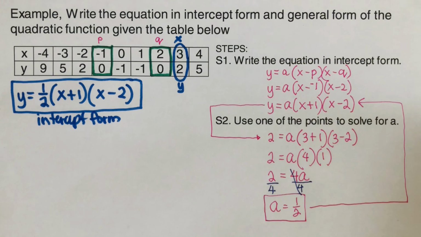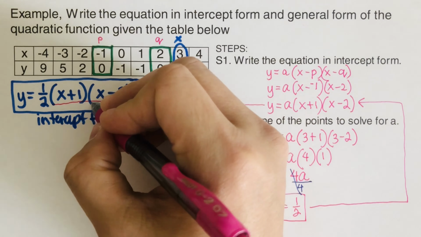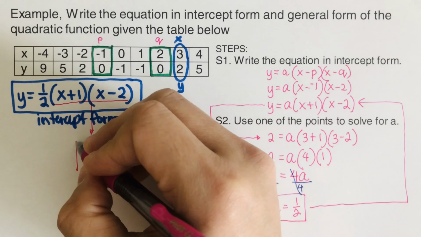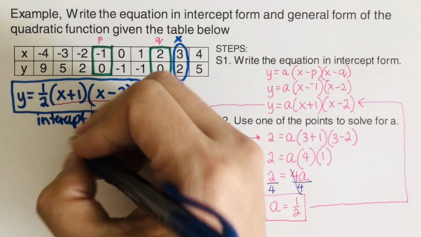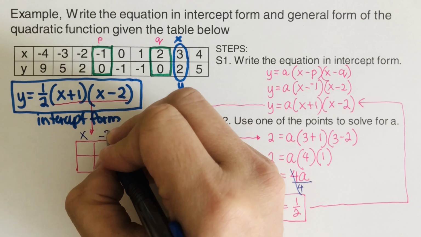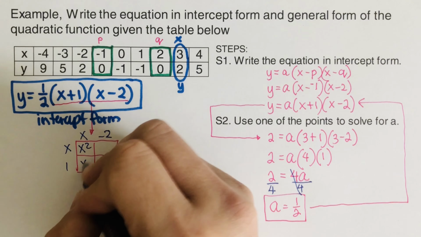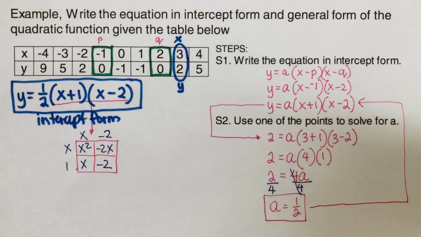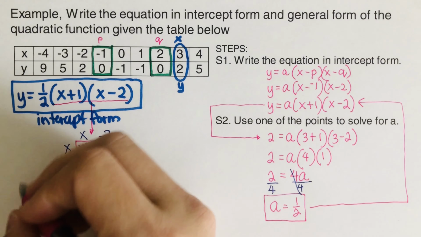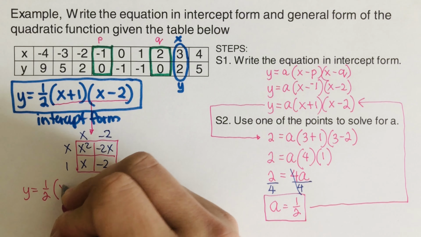To find the general form, we are going to multiply this using the area model. So that would be a 2 by 2 box. So this is x and then negative 2, and then x and 1. So this is x squared, x, negative 2x. So then we can simplify this to be y is equal to 1/2 times x squared.